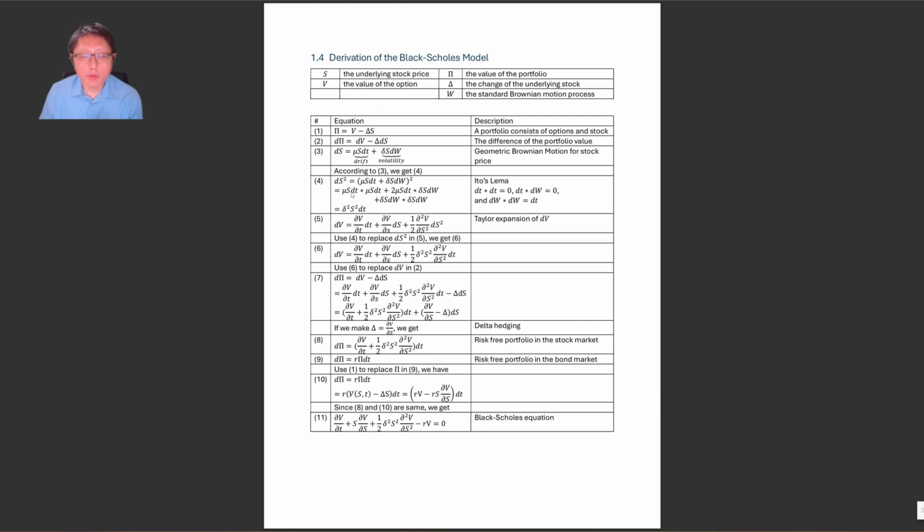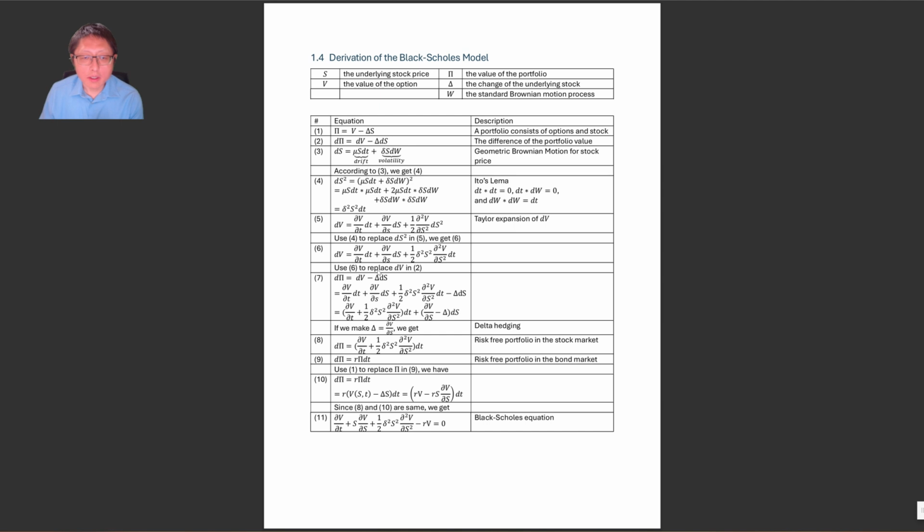We already know from step 4 what ds squared is. So we just use equation 4 to replace ds squared in equation 5, and then we get equation 6. Now we have an equation for dV which is related to time change and price change. So we will keep equation 6 here.